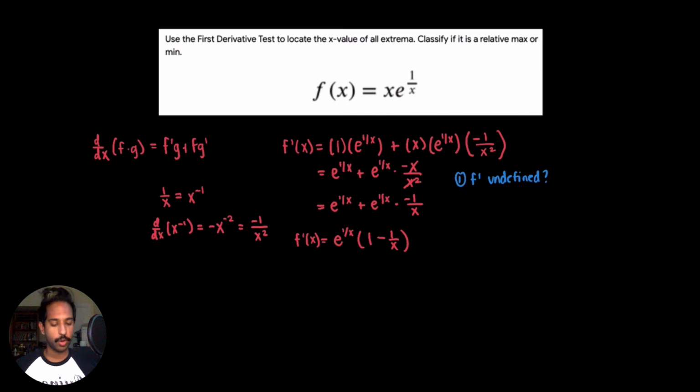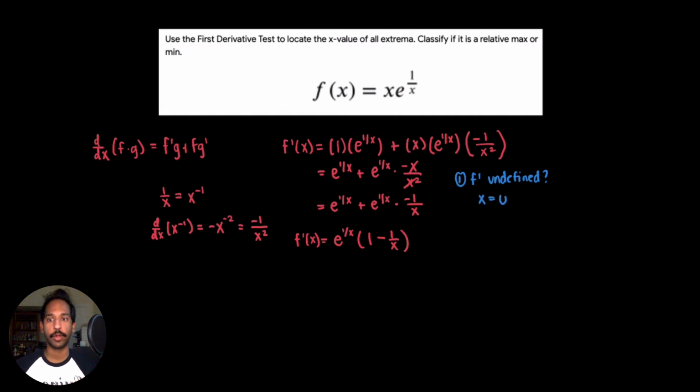And here I don't see any square roots, I don't see any logs, but I do see a denominator. And I know that if I put x equals 0 here, I would get two different locations where the denominator is 0, and I don't want that. So I know that f prime is undefined when x equals 0.